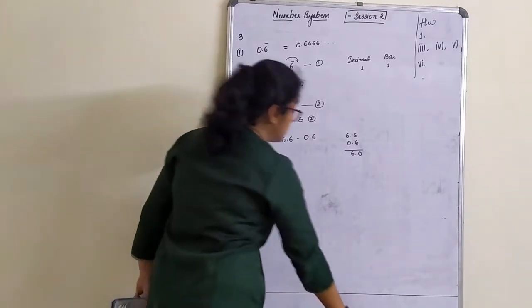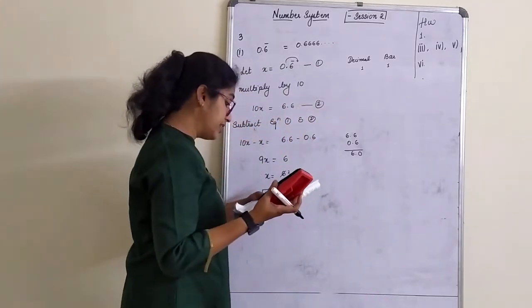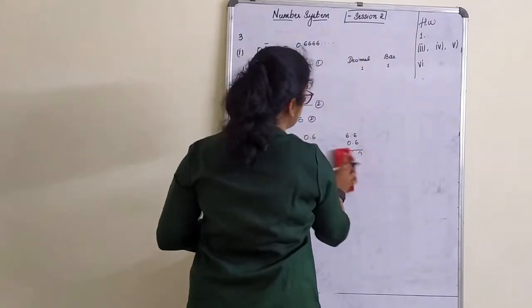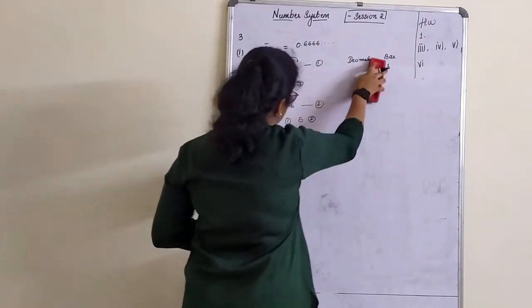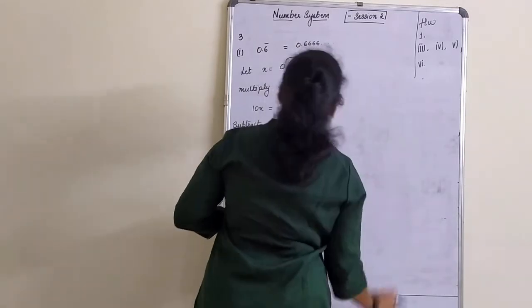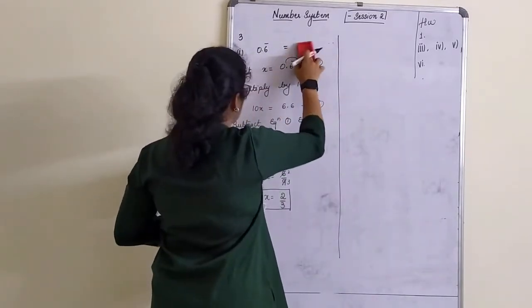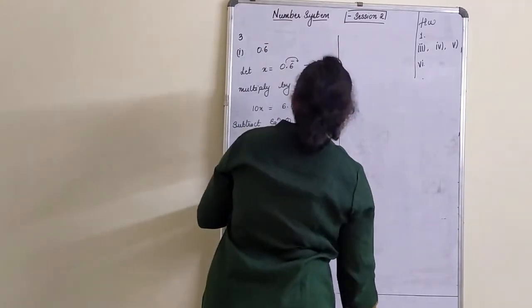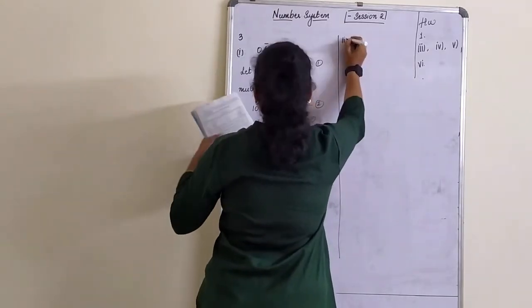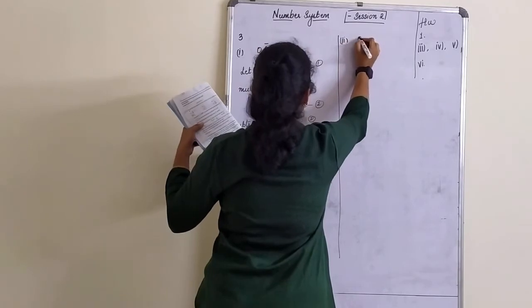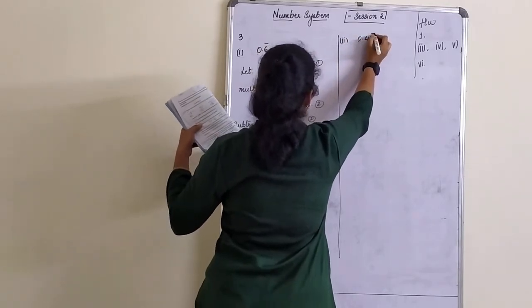Okay. I'll solve the second one and then I'll actually explain what I mean by this decimal and what I mean by this bar. Now look at the next one. Second one, what they have given here is 0.47 bar.